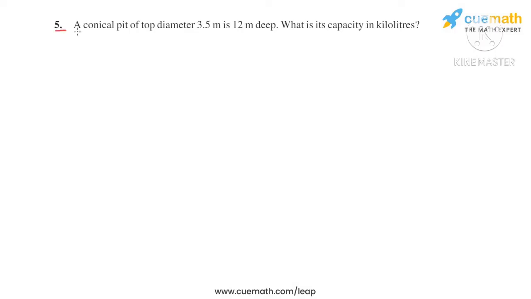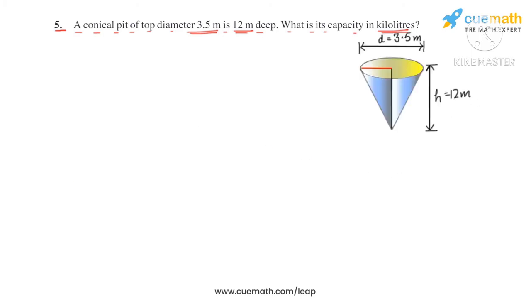In the fifth question, it says a conical pit of top diameter 3.5 meters is 12 meters deep. What is its capacity in kiloliters? So they have given the diameter and the height or depth of that pit, and they're asking what is the capacity of the pit in kiloliters.